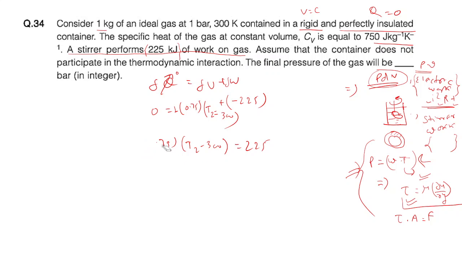Now divide by 0.75 here, and T2 would be that plus 300. How much would be T2? 600. 600 Kelvin.